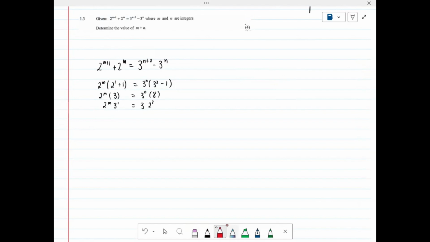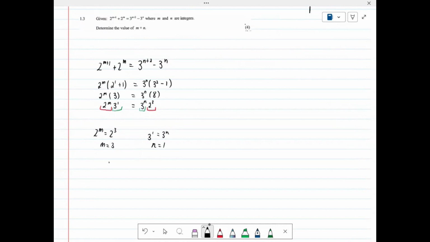Now, what we'll do to solve is we'll equate the bases of 2 with each other and the bases of 3 with each other. So this here will give us that 2 to the power of m is equal to 2 to the power of 3. So m is equal to 3, and we'll get 3 to the power of 1 is equal to 3 to the power of n. So n is equal to 1.